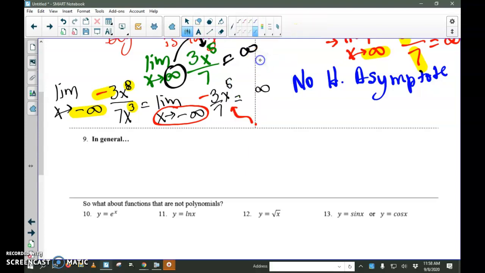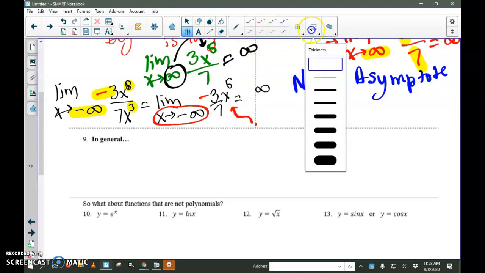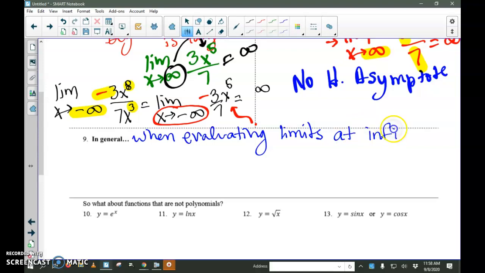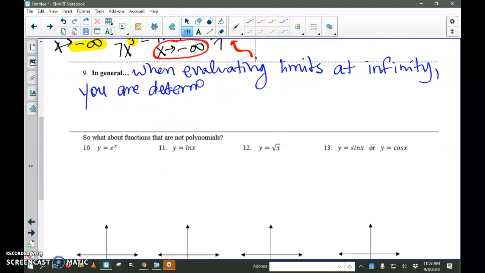In general, we could say that when evaluating limits at infinity, meaning as the limit as x approaches positive infinity or negative infinity, you're determining the end behavior of that function.